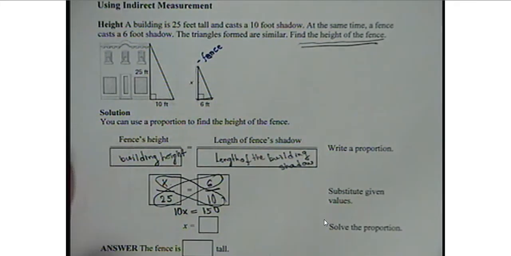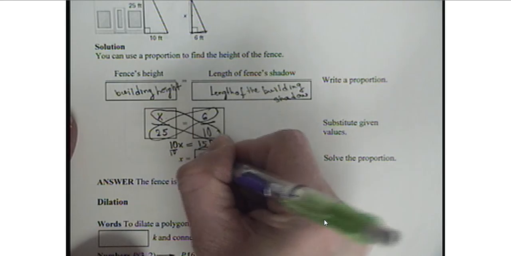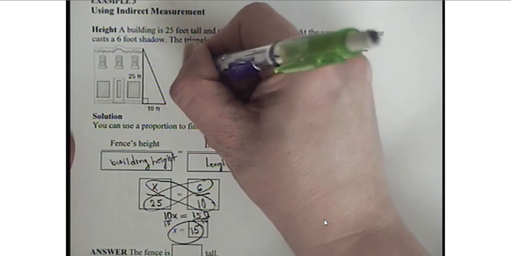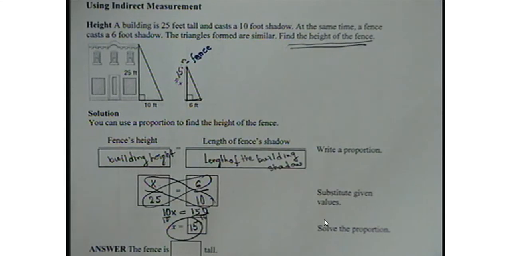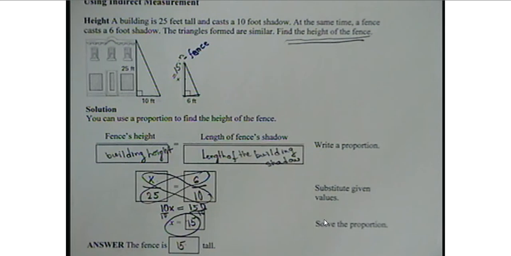Well, one more step here to get what x is equal to, we just need to divide by 10. So x will be 15, which means this fence height will be 15 inches. So we just got the answer of this example. So the fence is 15 inches tall. And with this, my problem is completed.